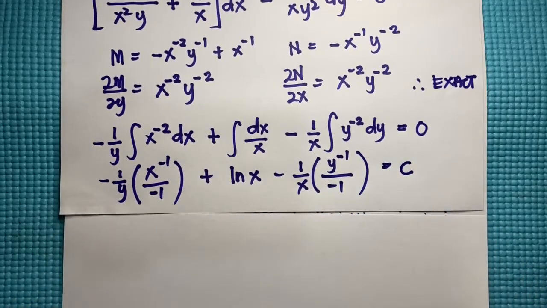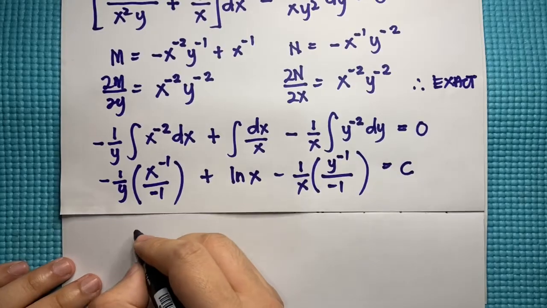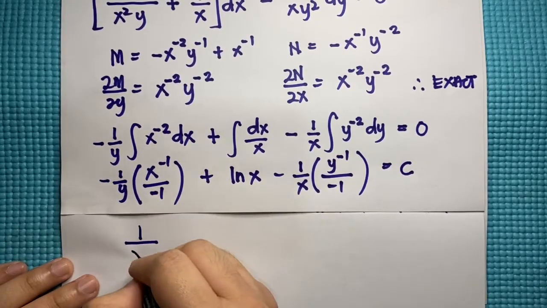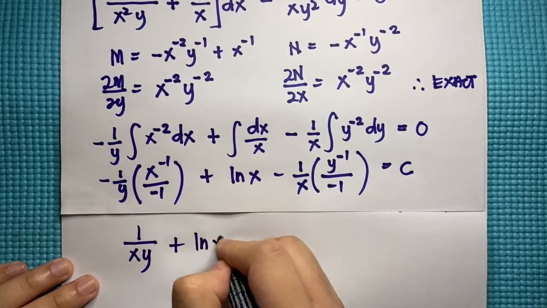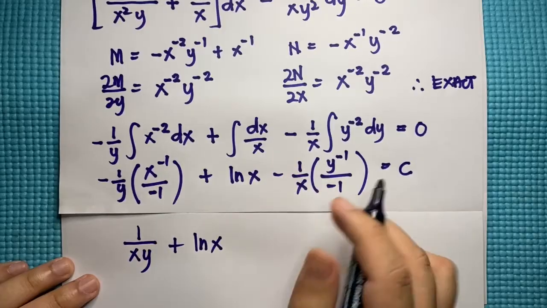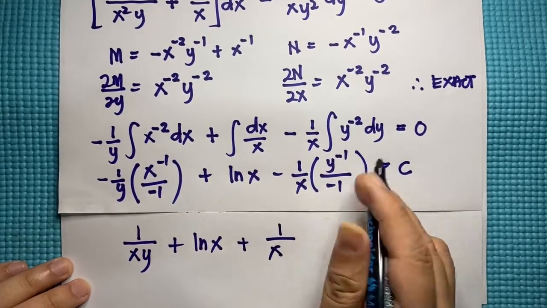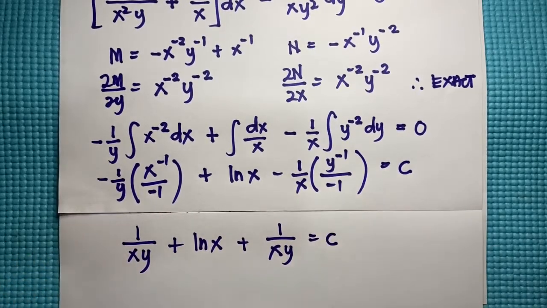Simplifying further, a negative and a negative would be positive, so that is 1 over xy plus ln x, and then negative and a negative, I'll have plus 1 over x times y negative 1, equal to c.